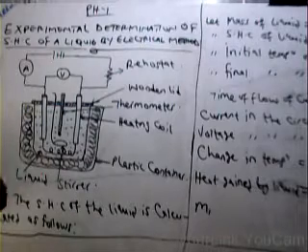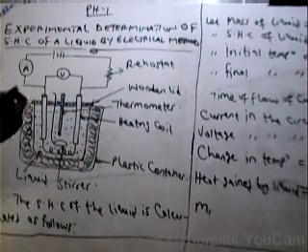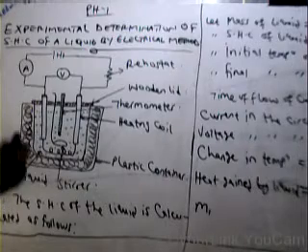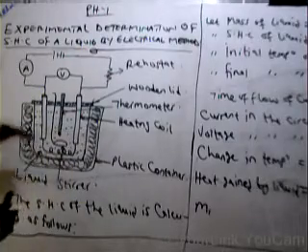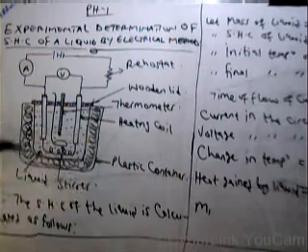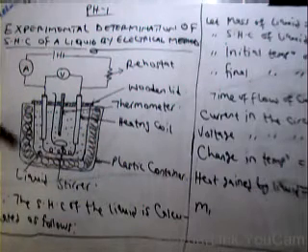Then we reweigh it again. You can use either the beam balance or the chemical balance to determine the mass of any object. We measure the mass of the empty container, and when the container is 2/3 filled with water, we reweigh it.